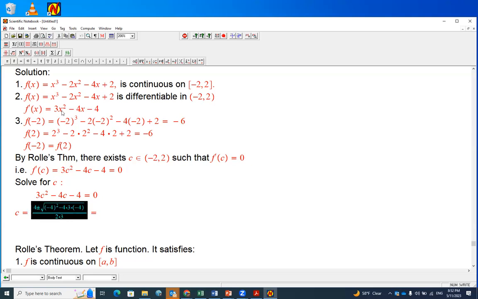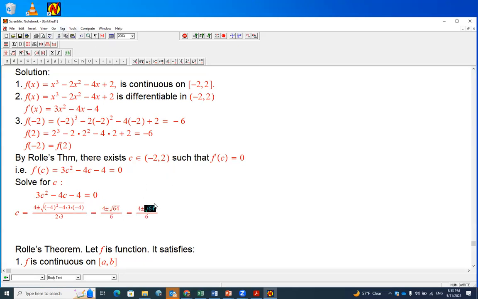And then what do we get? Inside the square root, we have 16 plus 48, which is 64, and the denominator is 6. The square root of 64 is 8.